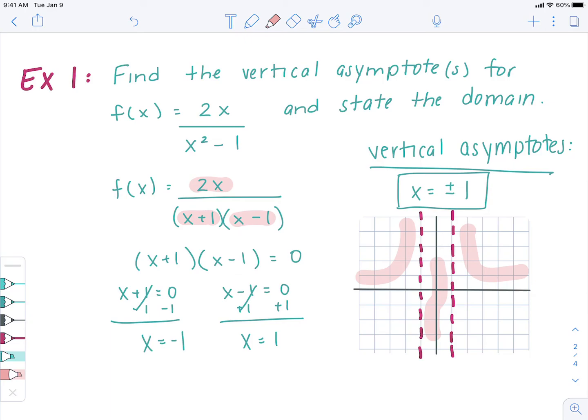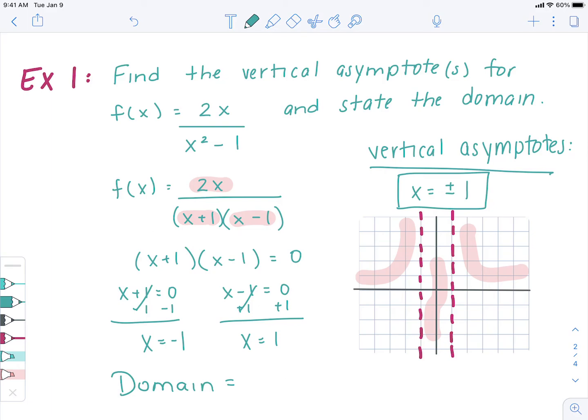So now if I'm looking at this and they're asking me to state the domain of the graph, the nice thing about the asymptotes is that they tell you everything that x cannot be. So if I want to say the domain for this, the only values I cannot have in my domain are x equals negative 1 and x equals positive 1.